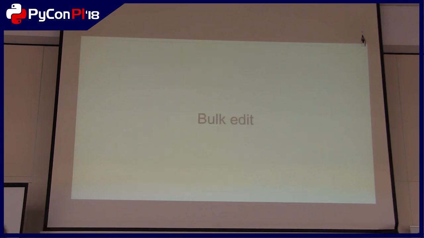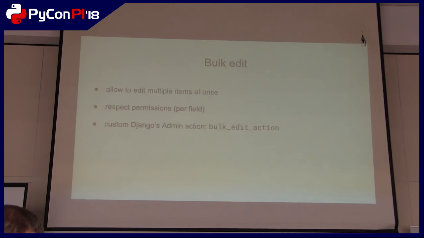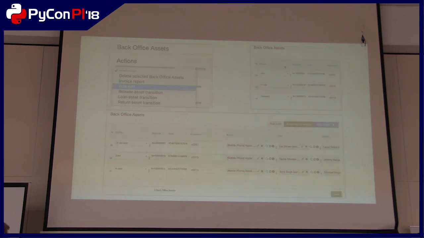And the last feature I'm going to show you is bulk editing, which allows us to edit multiple items at once. Of course, it respects our permissions, especially permissions per field, and we create a custom Django admin action, bulk edit action. And how does it look? We select some objects, call the action, and here is how it looks.